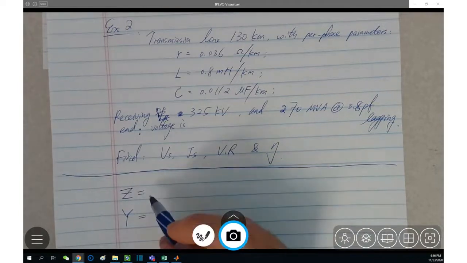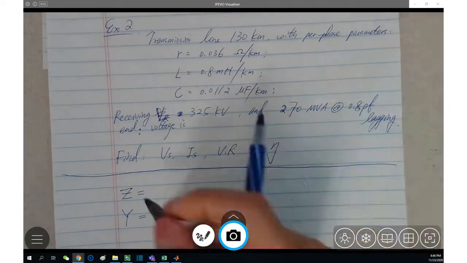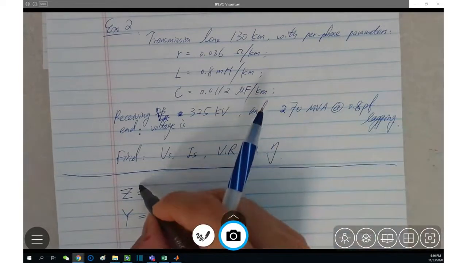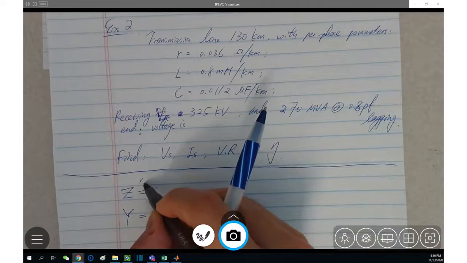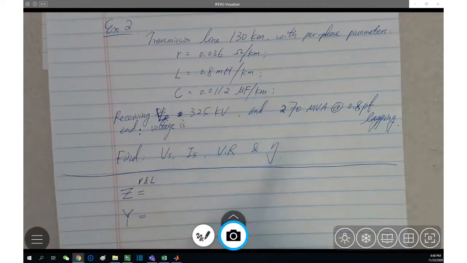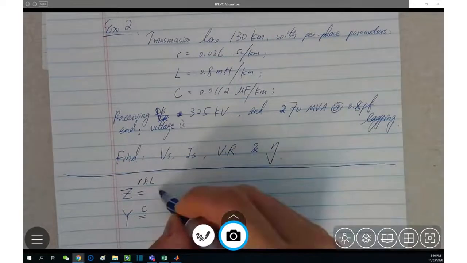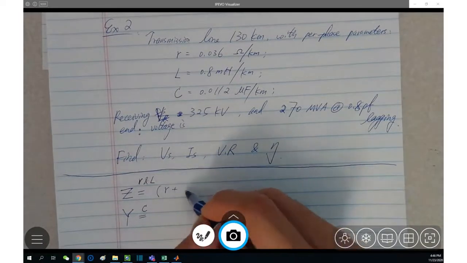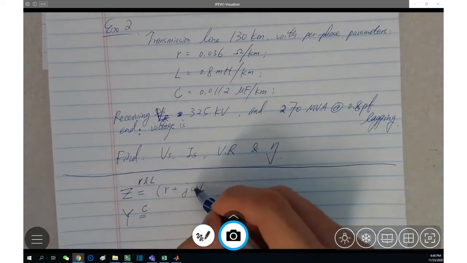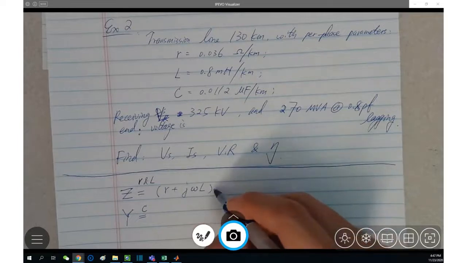Z, of course, in our mind is because of the R and L, right? Y is because of what? C, right? So Z equals R plus j omega L times the distance, right?